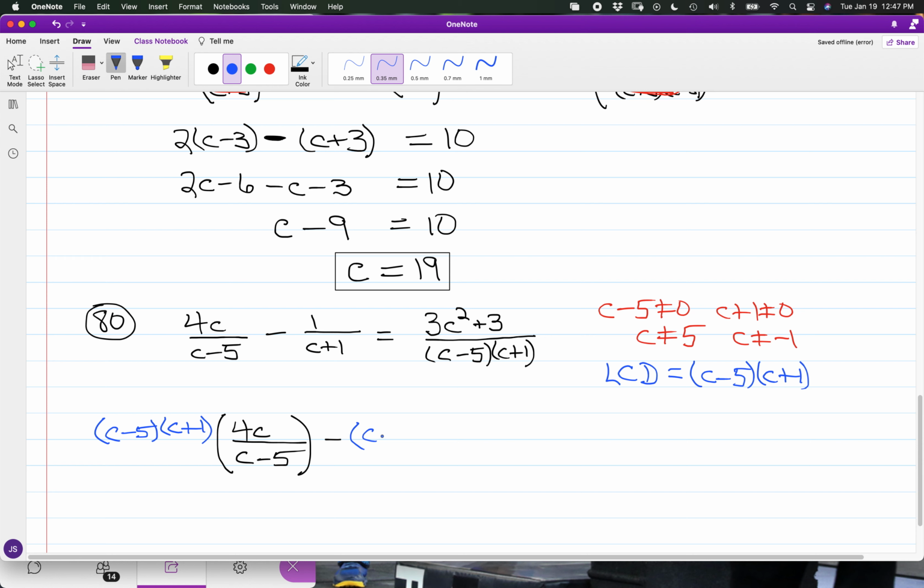And here we have the quantity of c minus 5 times that of c plus 1, times 1 over c plus 1. And distributing the least common denominator over the last ratio, just the numerator will be left over at this end.